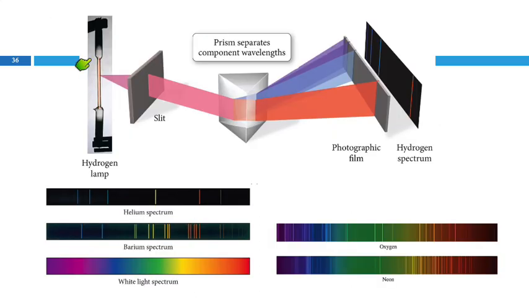So here's the setup. There's a lamp, and here's the hydrogen lamp, and the light that's emitted from the hydrogen molecules comes through here, goes through a slit, and instead of seeing a rainbow, we see the 3 distinct lines, well 4 if you count that little guy over there.